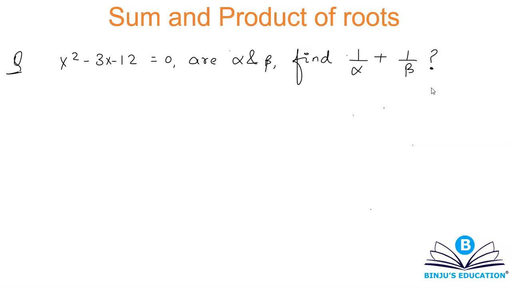You need to find 1 over alpha plus 1 over beta. So pause the video, give this question a try, then play back the video in order to understand how to solve this particular question. Alright, go ahead and give this one a try.